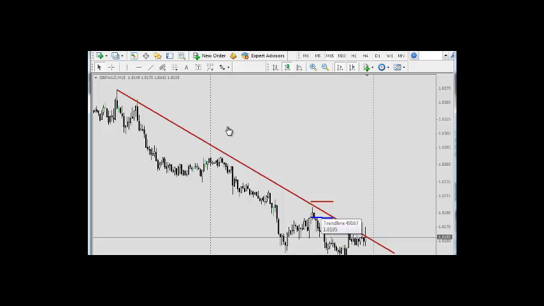The trend line will be a shield or a protection to our stop.